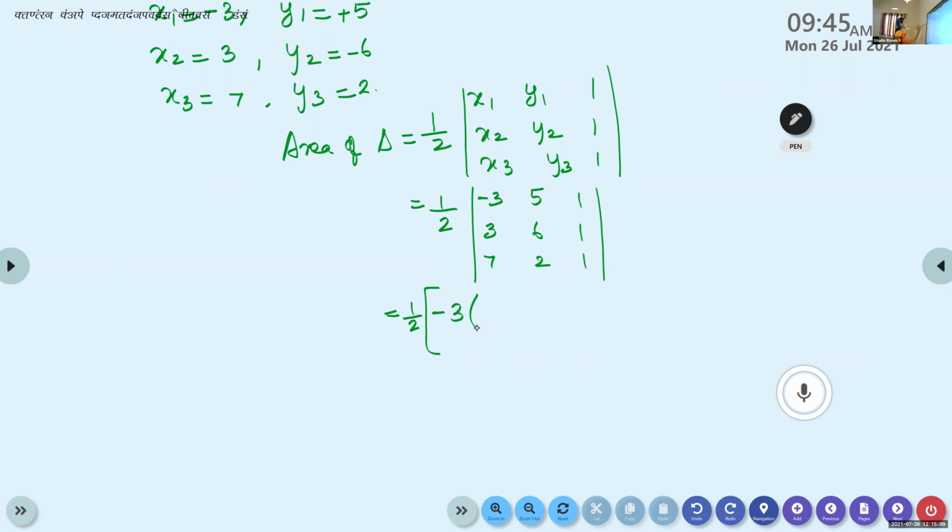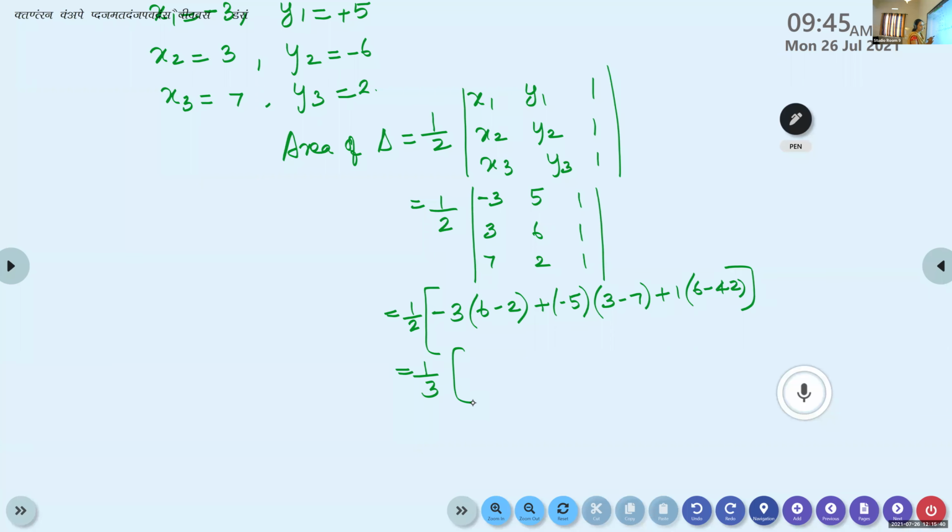Then, for the second element, it is negative. Negative 5 into 3 minus 7, plus 1 into 6 minus 42. Yes.